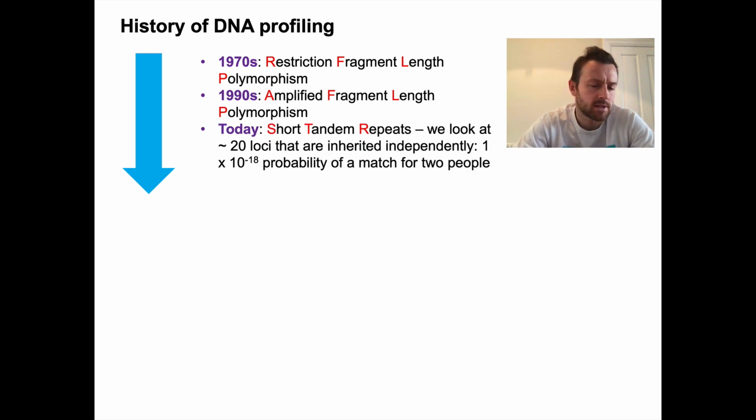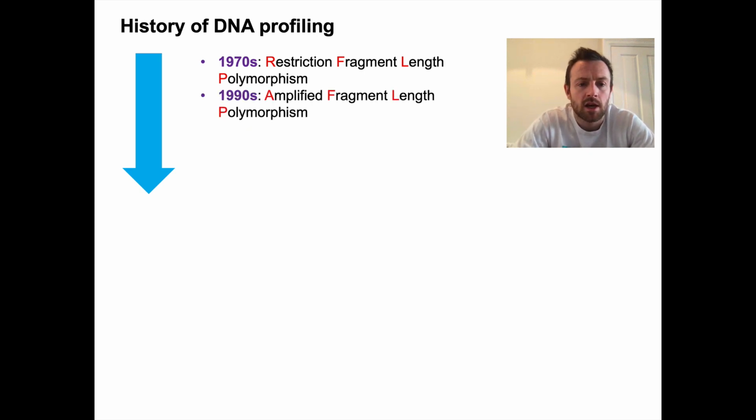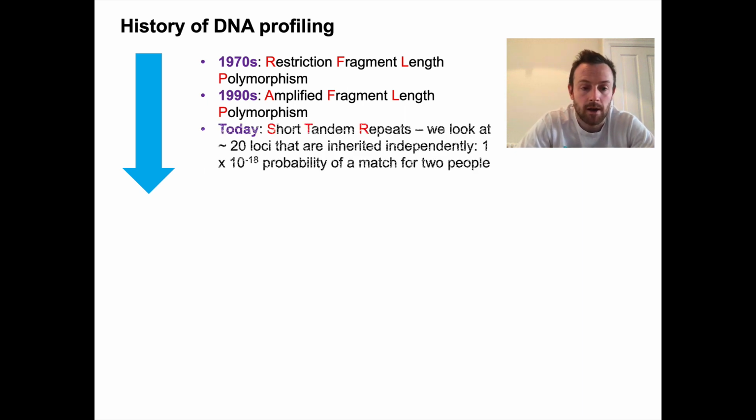All of these acronyms are just words for different forms of repeating segment in the DNA. So in the 1970s, we used something called restriction fragment length polymorphism, but that's quite a lengthy process. In the 1990s, we started using something called amplified fragment length polymorphism, and in some countries that's still the main technology used. Today we use short tandem repeats.